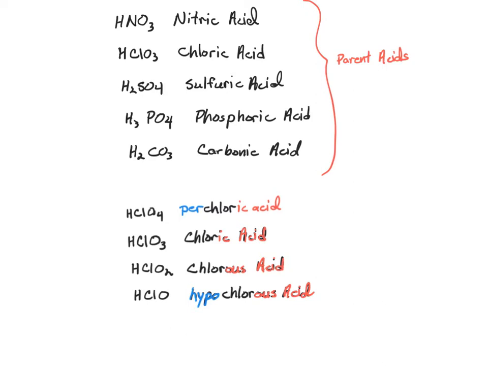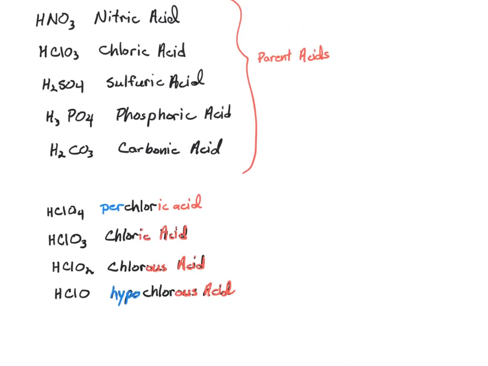Notice that chloric acid was our parent acid, whereas perchloric acid was the parent plus 1 oxygen. Chlorous acid was the parent minus 1 oxygen, and hypochlorous acid was the parent minus 2 oxygens.